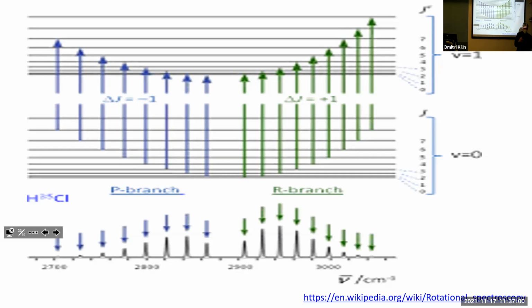So it can be no oscillations, ground state of this oscillation, but at the same time, it can rotate quicker or slower, right? And this energy, depending on how quick or slow it rotates, will be a little higher or lower. Same for first excited vibration. There is a subset of levels.